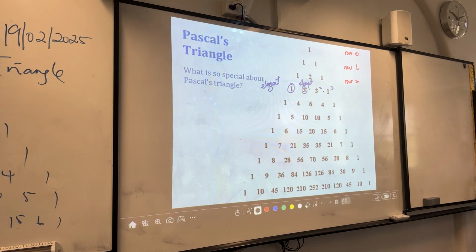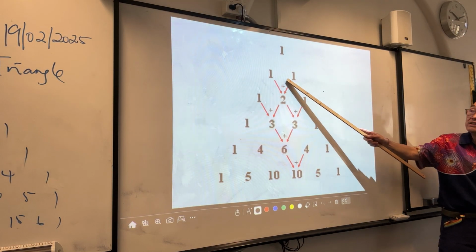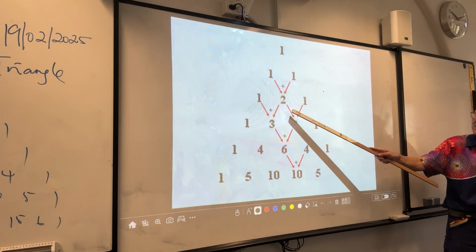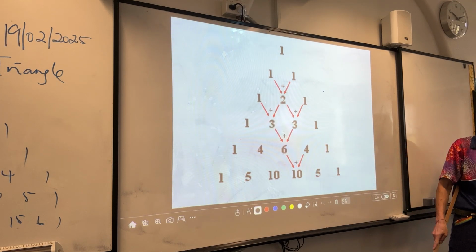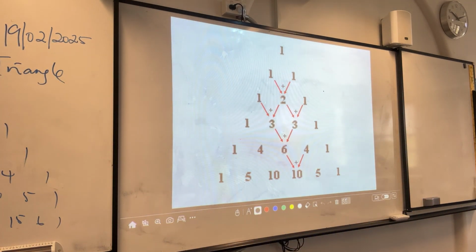Now, I'm going to link this to the combinatorics notation in a few minutes. If you look at Pascal's Triangle, these two numbers add up to that, these two numbers add up to that, and so on. So you can construct it pretty straightforwardly.